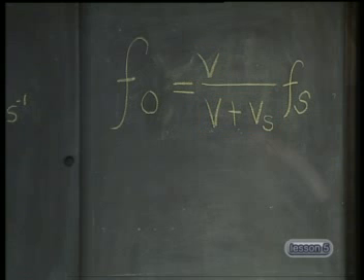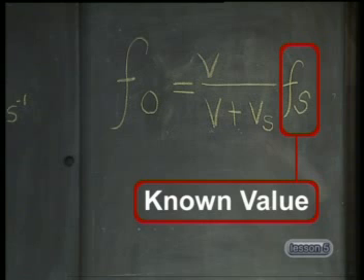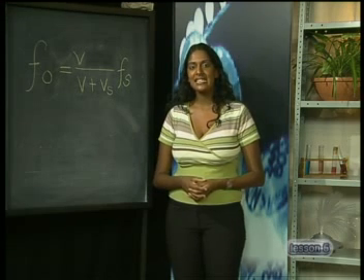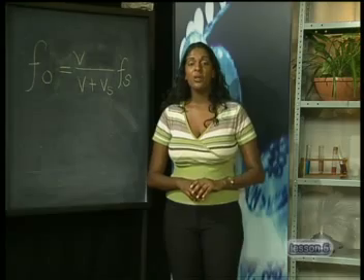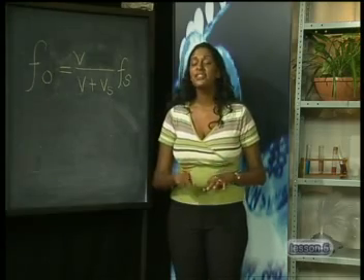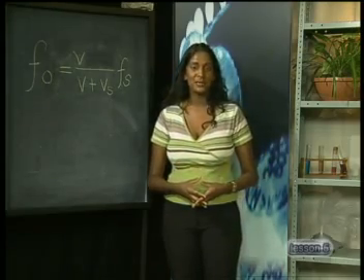So we will be multiplying the source frequency by a number that is less than 1. Remember, the frequency of the source, the moving blood cell, is the same as the transmitter, which we know. This tells us that the observed frequency will be lower than the frequency of the sound waves at the source.